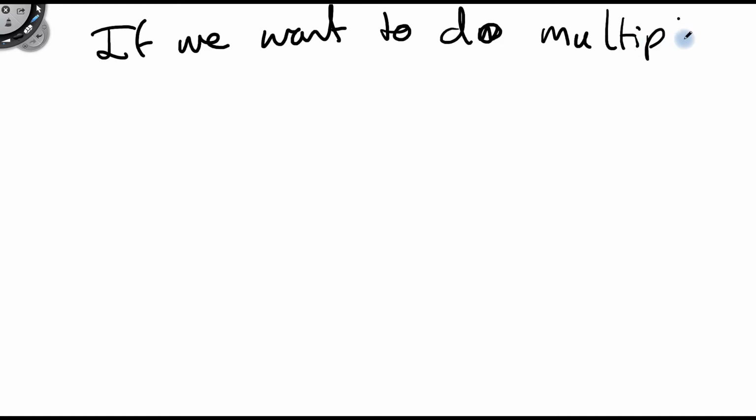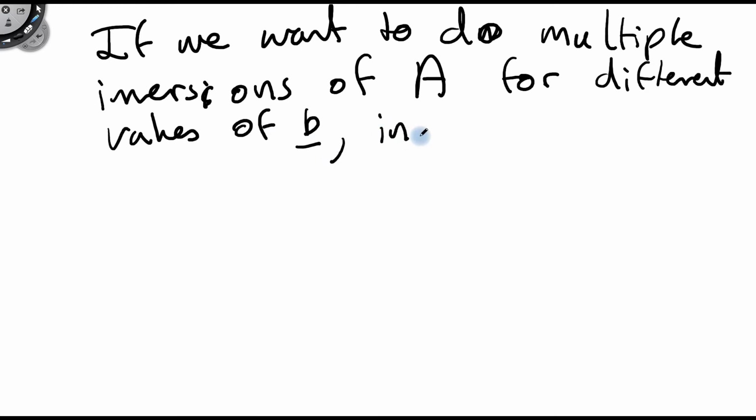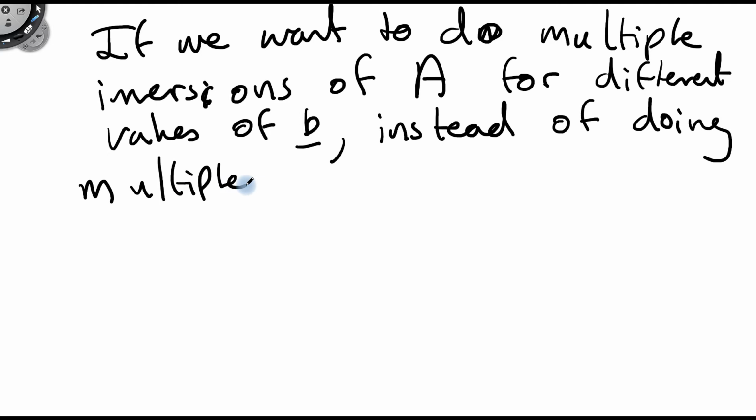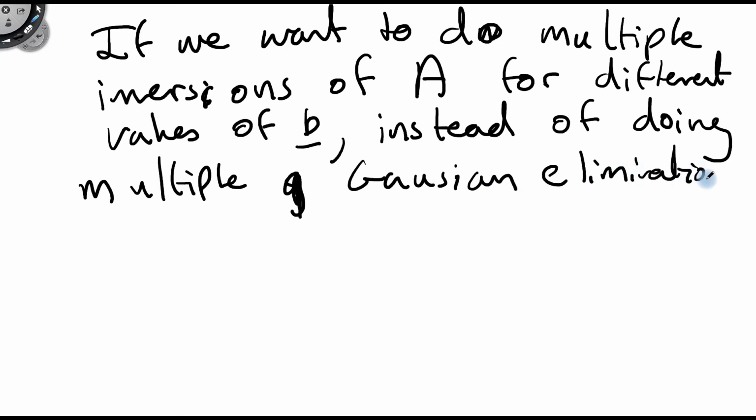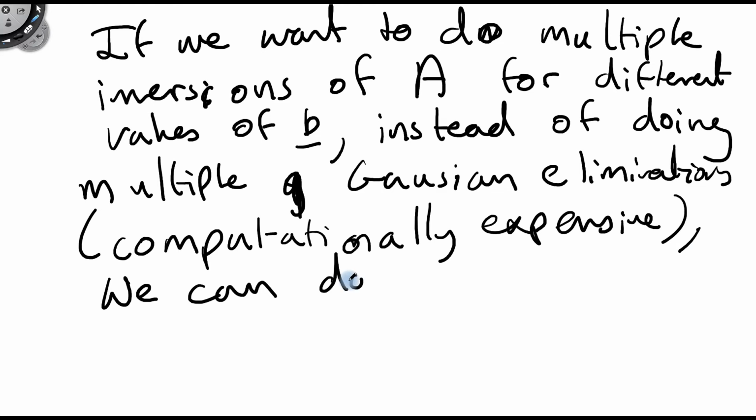So if we want to do multiple inversions of A for different values of B, say, instead of doing multiple Gaussian eliminations, which are computationally expensive, we can do one.